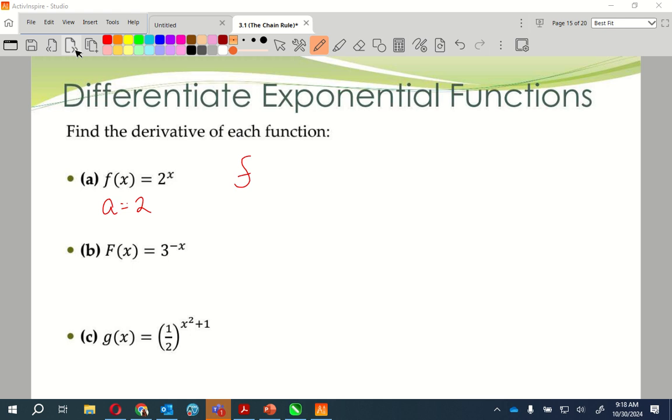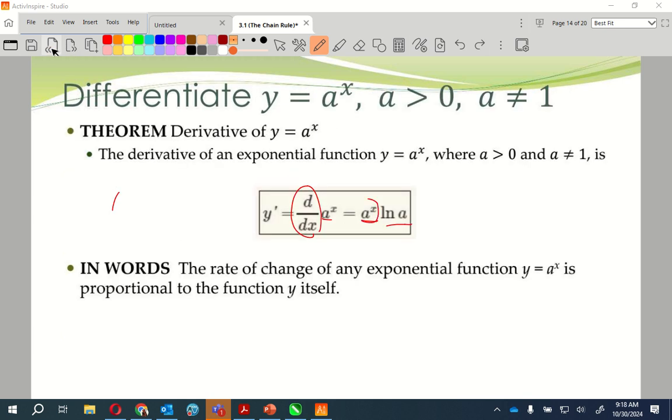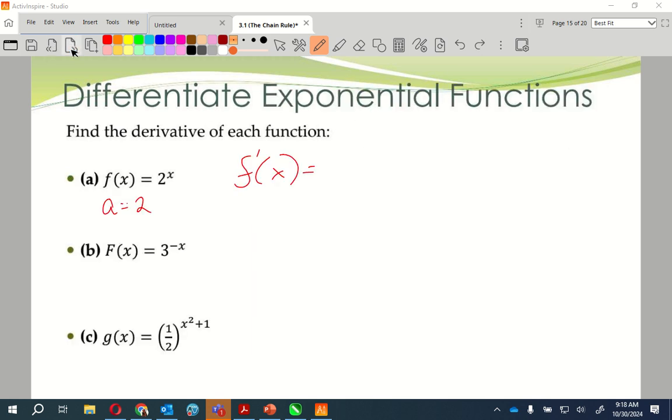So f prime of x is going to be 2 to the x times ln of, and what is my a? There we go. So it's important to identify what my a is here to be able to do the rest of it.